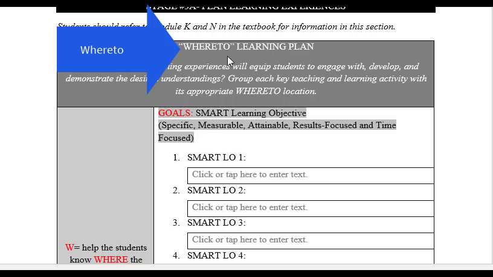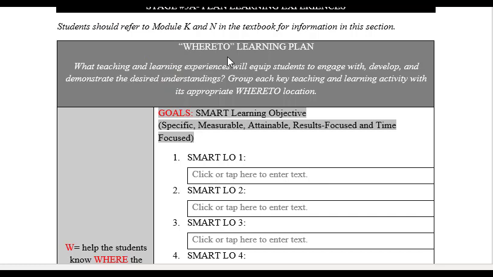This is the WHERETO learning plan. So as you look through these different letters that refer to different parts of the UBD learning unit plan, understand that all of these letters create the word WHERETO, so it's easier for you to remember when you're trying to organize and design your unit lesson plan.